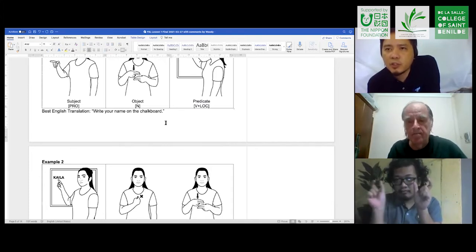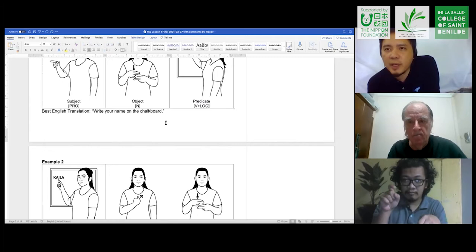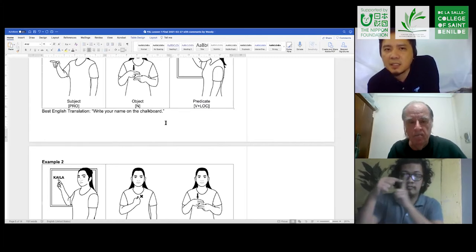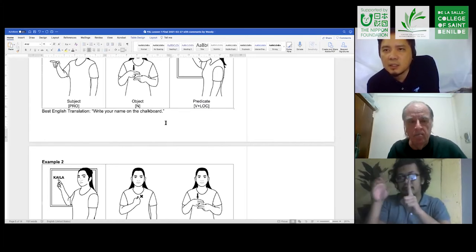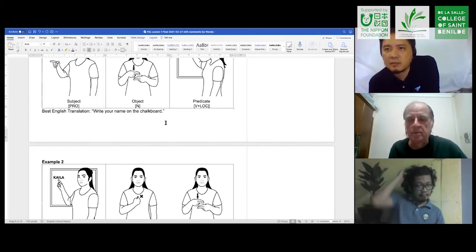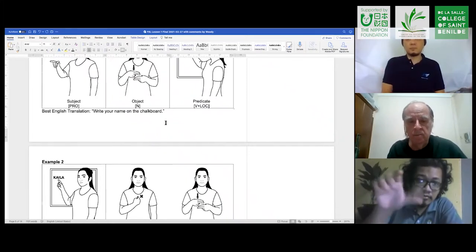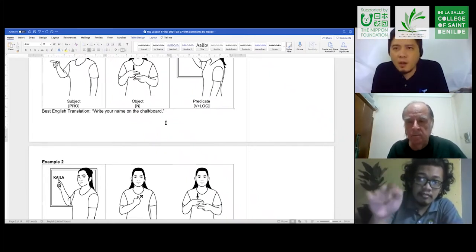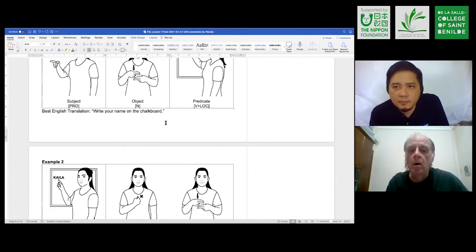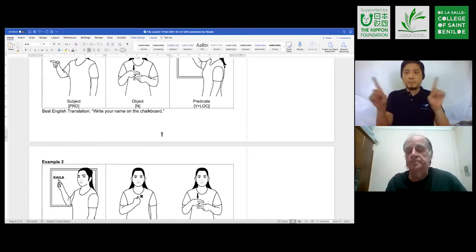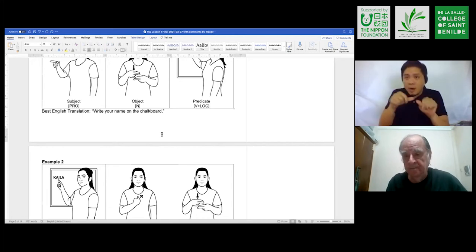Do you think we should also put a little bit of a space in between the plus? That's totally up to you. Okay, I think we should do that. The only thing you may want to think about is that it's in one sign.